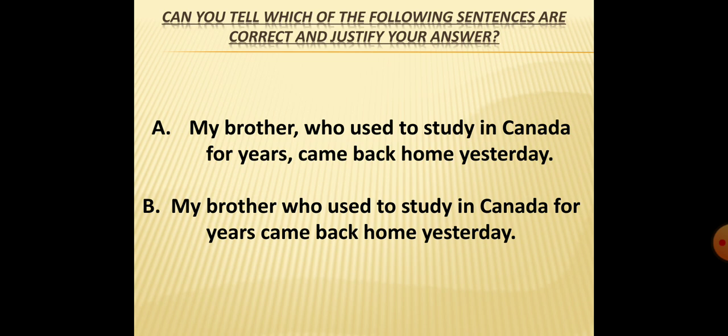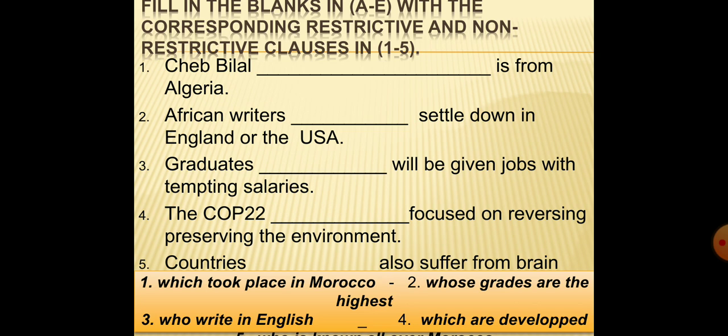But if I have got two brothers, three brothers, or more, then we need to specify which brother we are talking about here. It means that both of the examples are correct. So I will skip this one.